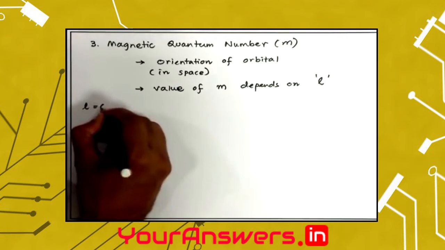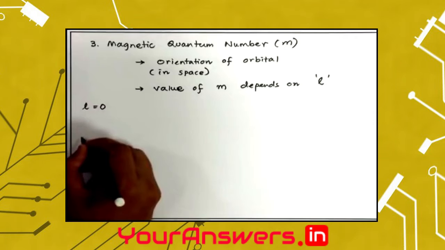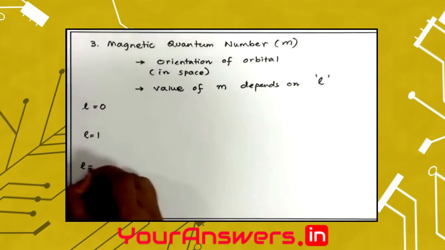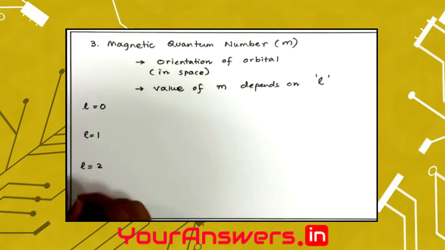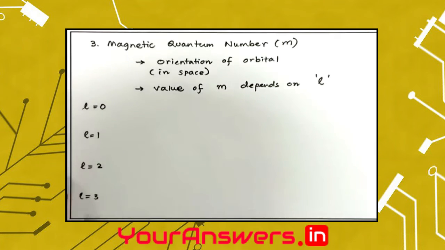L is 0, it is an s orbital. When L is 1, it is a p orbital. L is 2, this is a d orbital. L is 3, this is an f orbital, and so on and so forth.